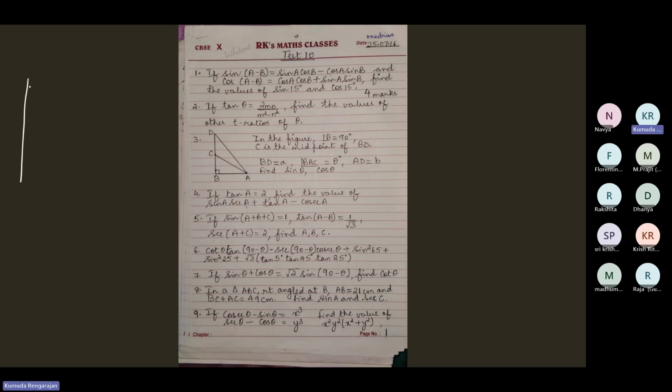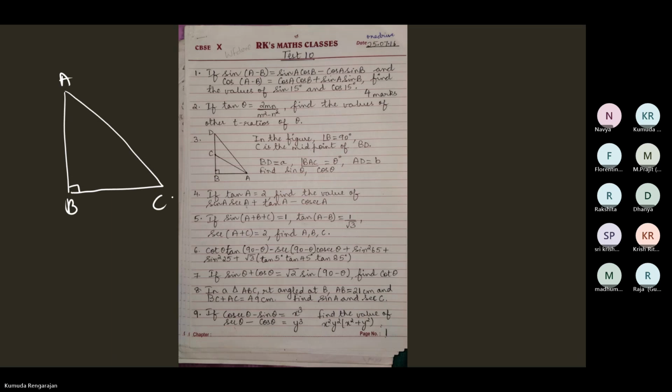We will see it again. Triangle, right angle at B. AB is 21. BC plus AC is equal to 49.